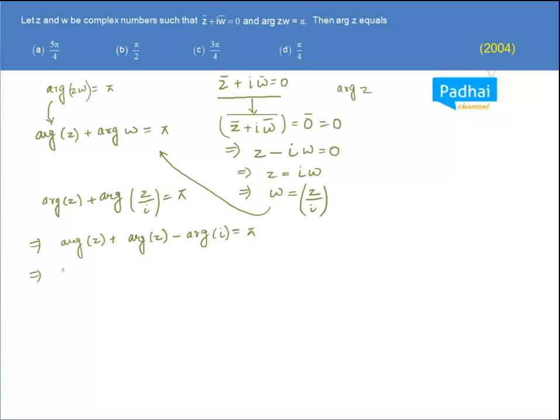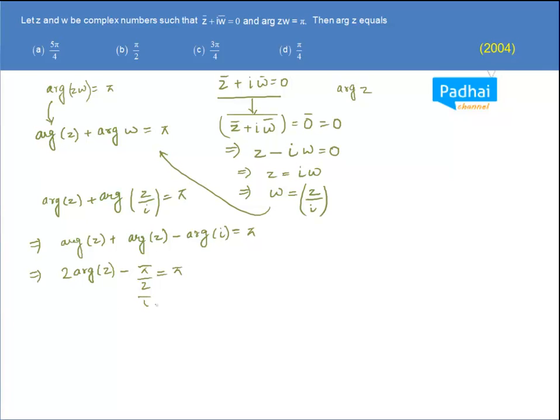So this implies twice argument Z minus argument i. Now what is argument i? Iota lies on the imaginary line, and we know that any number lying on the imaginary line has the argument pi by 2. So this will be pi by 2 is equal to pi.